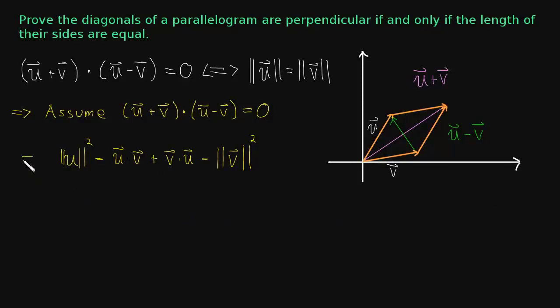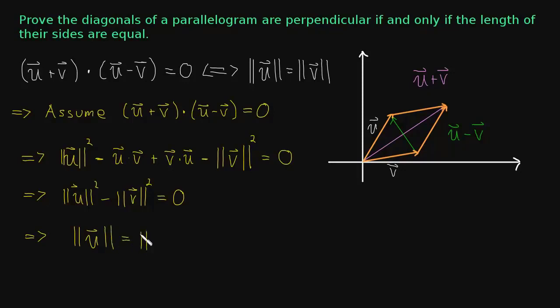Oh, and I made a mistake here, sorry about that. This is an implication. The fact that this is equal to 0 implies that this statement is equal to 0, because all we did was expand it out, which in turn implies that the length of u squared minus the length of v squared is equal to 0, which again implies that the length of u squared is equal to the length of v squared.